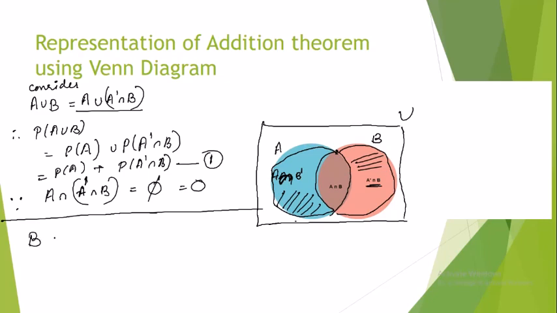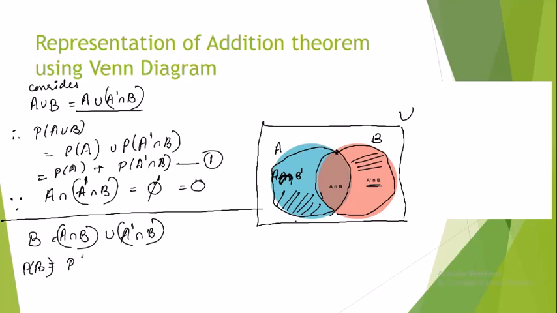Now what is B? B is nothing but the union of A intersection B and A complement intersection B. So how can I write this in terms of probability?